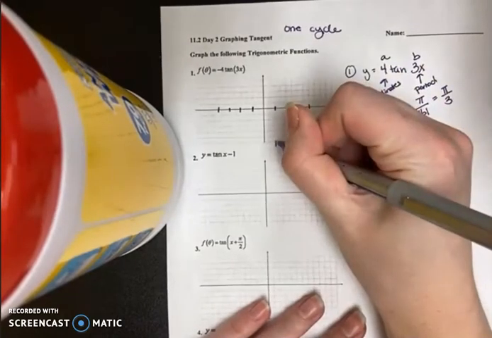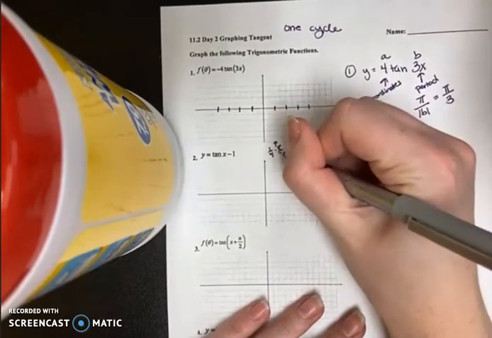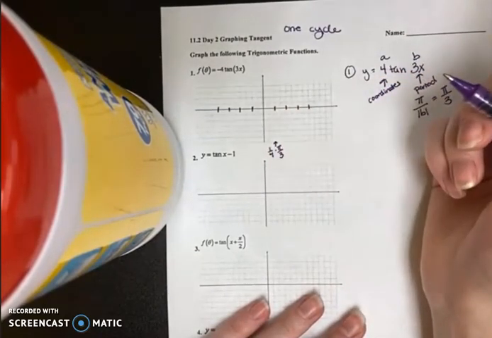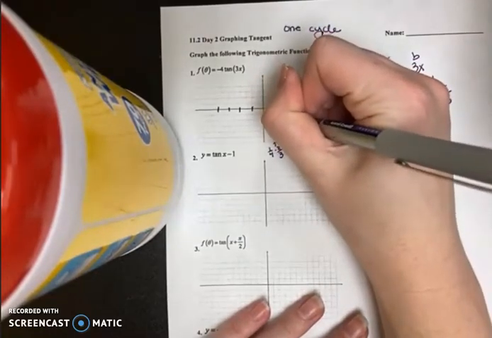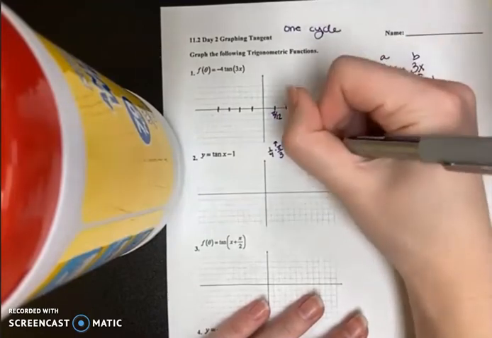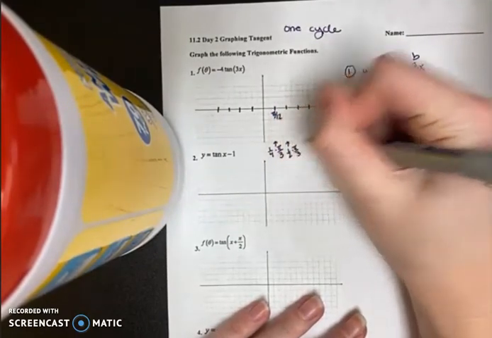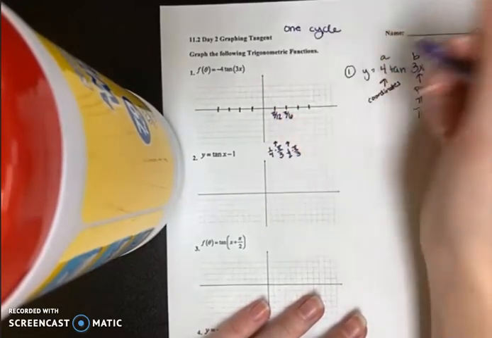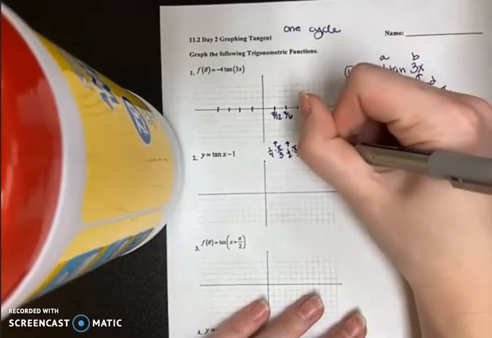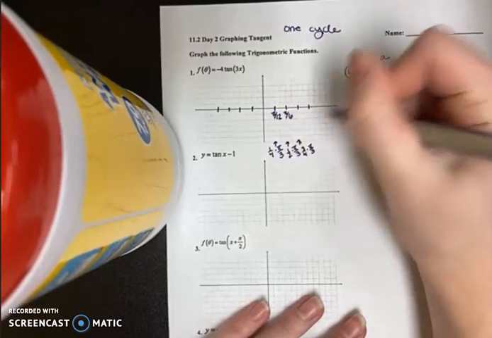Sometimes it's helpful if you write it out. So I know the first tally mark is 1/4 of the period, which is pi over 3. So that makes it easier for me to see that pi over 12 is the first tally mark. The next tally mark is 1/2 times the period, so that would be pi over 6. The third tally mark is 3/4 pi over 3.